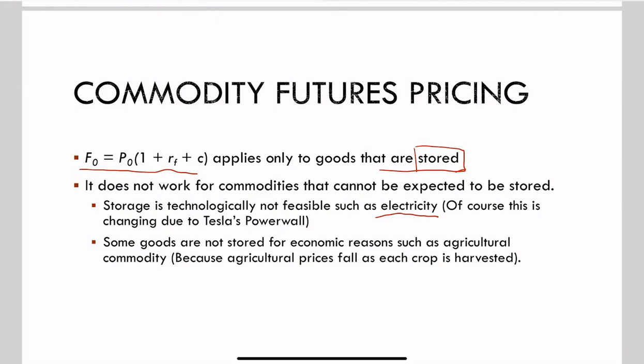And then some commodities will not be stored because of economic reasons, such as agricultural commodities. The reason is because agricultural prices come in cycles. For each harvest cycle, it will actually decrease.